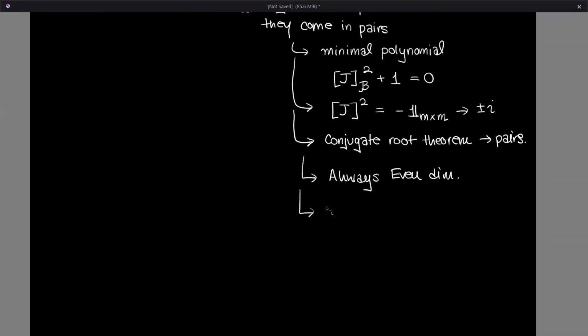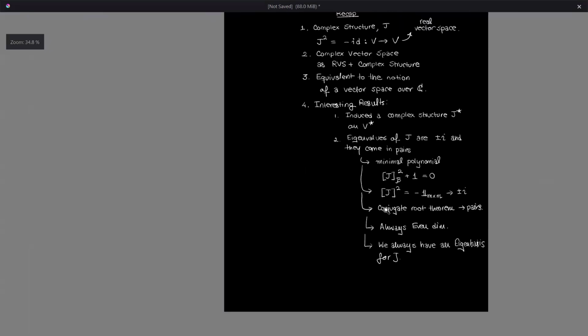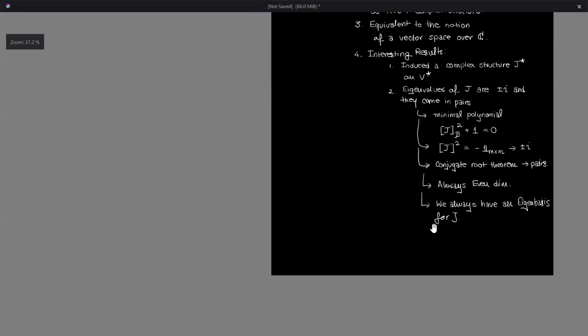And that we always have an eigenbasis for J. All right, so that's what we did last time. And so today we will continue talking about J and its matrix form.